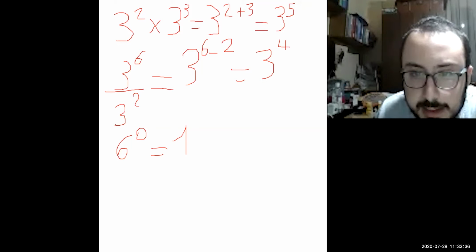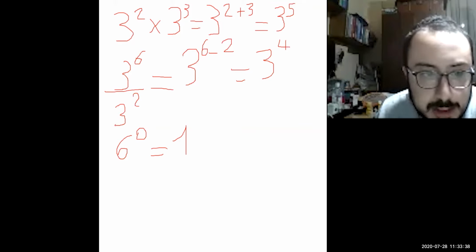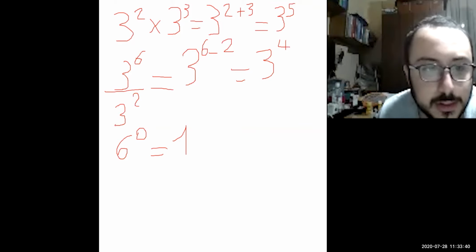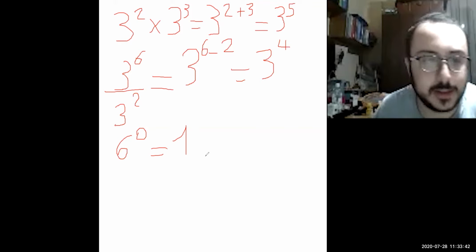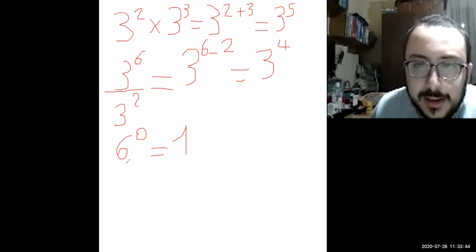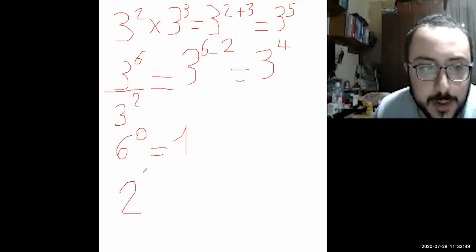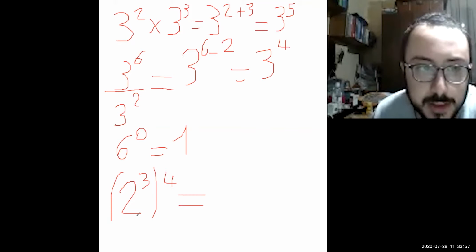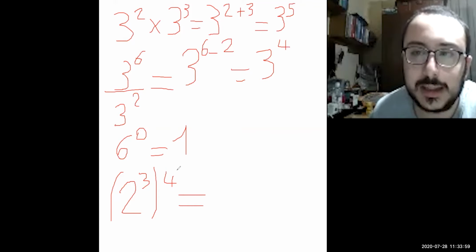So basically, these are the examples. Let's do this one too. It's important. Where's my pen? I lost it. Oh, here. Okay. 2 power 3, all to the power 4, is equal to, I have 2 power 3 in the bracket and 4 outside the bracket.